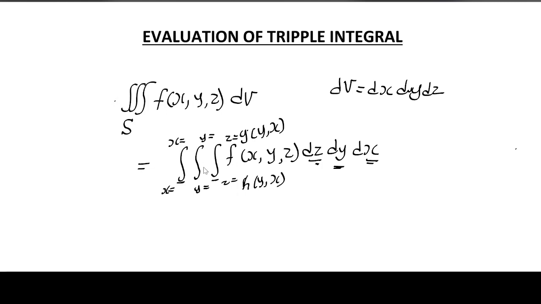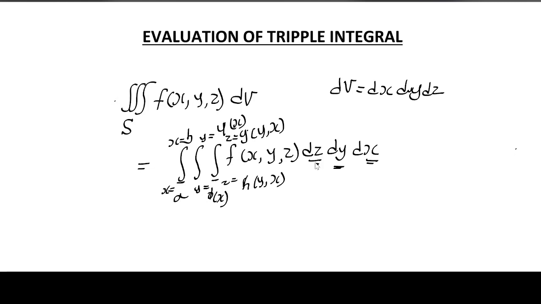The middle one can be a function of x, take this as psi of x, and the lower limit also can be a function of x. And the outermost variable limits will always be constant, that is some a to b. This is the form of a triple integral.